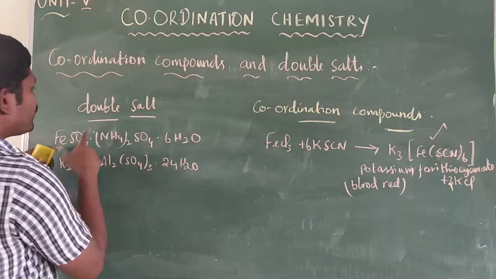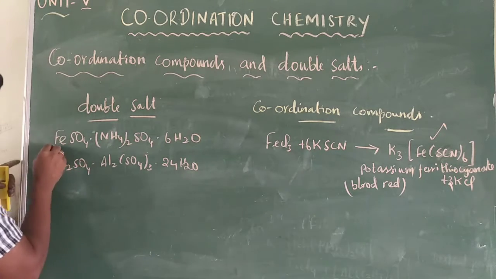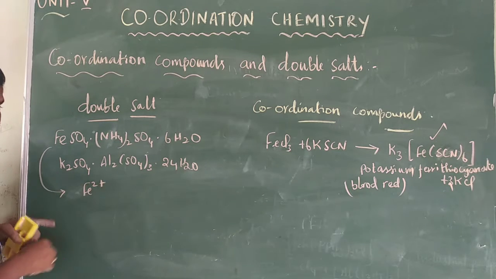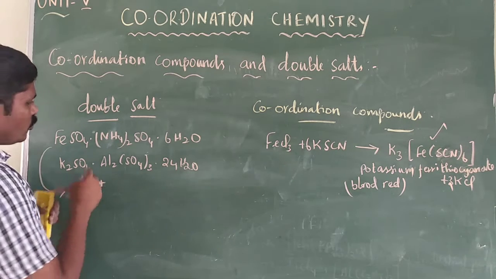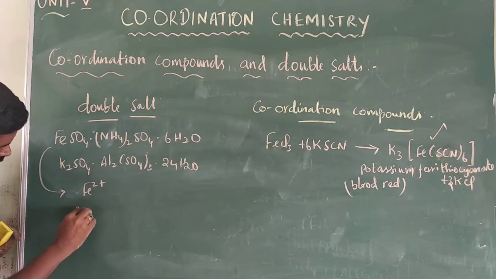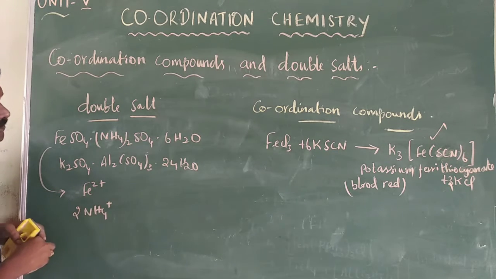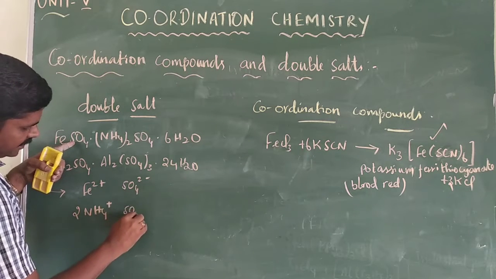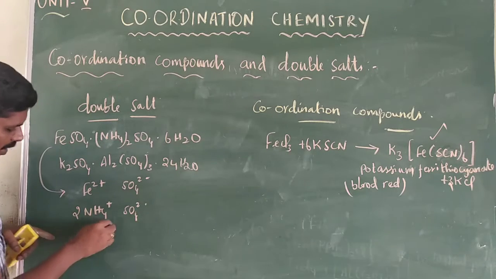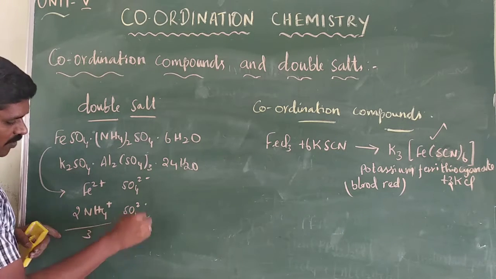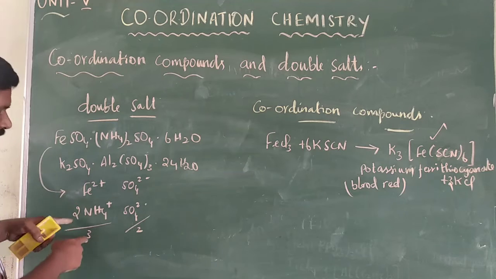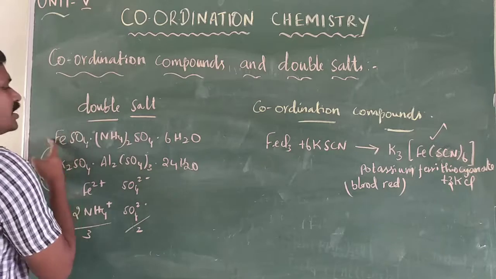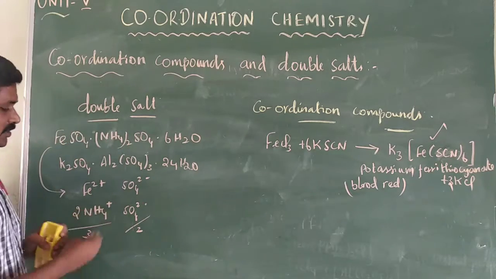Okay, the Mohr's salt dissolves in water to give Fe2+, 2NH4+ and 2SO4 2- ions. So the number of positive ions is 3 and the number of negative ions is 2. Okay, 2 plus 1, 3 positive ions and 2 negative ions are present in this Mohr's salt, right?